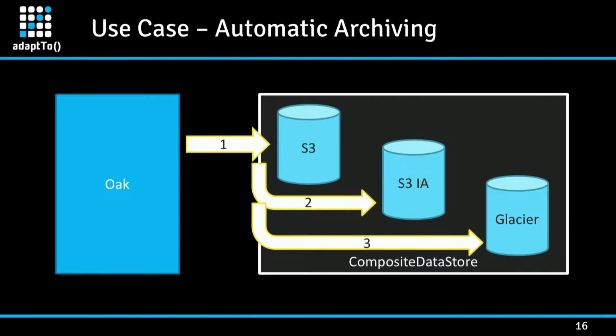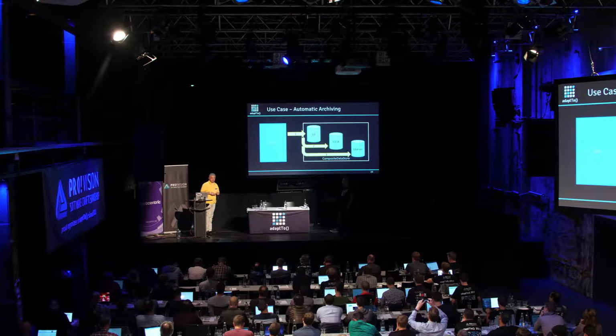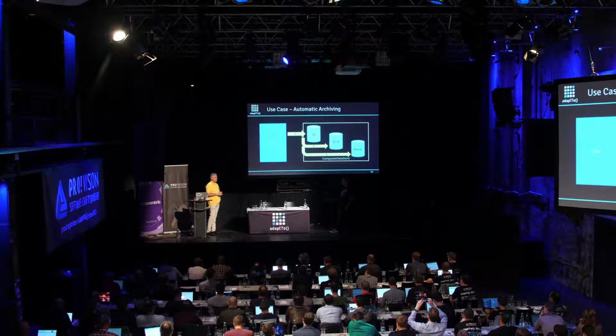So the first one in here, and if it doesn't find it here, then it would go here, and if it doesn't find it in infrequent access, then at the last resort, it would look for it in Glacier. But again, all of those get presented as one logical view, so it all looks like one data store from the user's perspective.